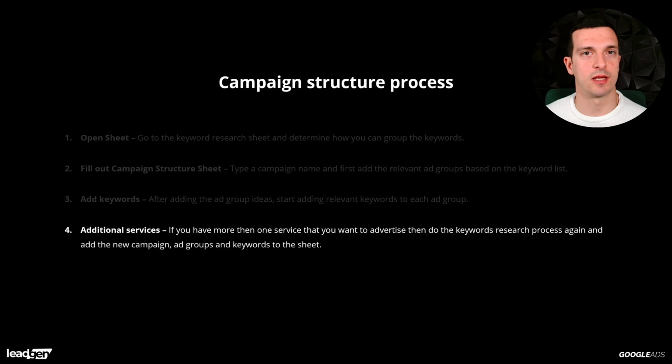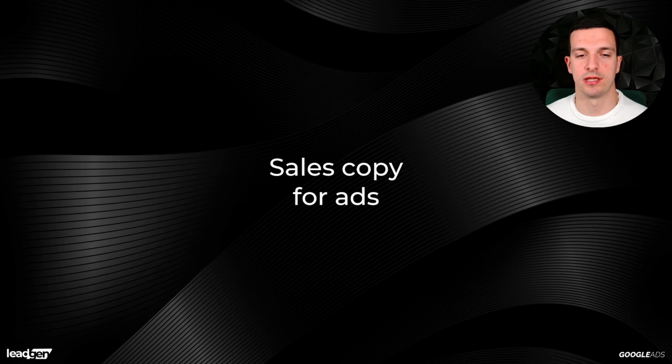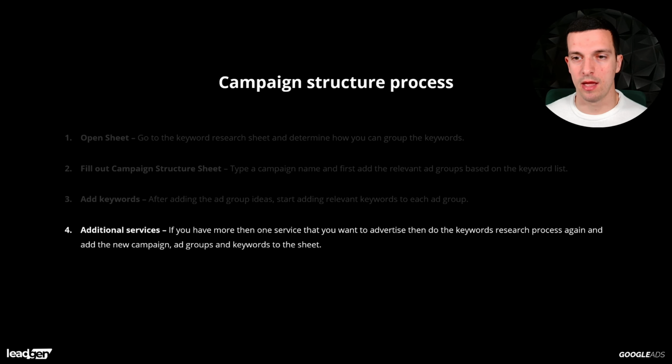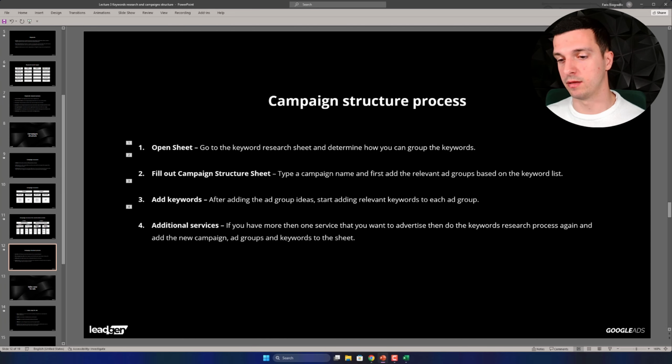But if you have more services like roof repair, roof leaking, or renovation, or completely new roof, these are maybe unique landing pages, then you want just to go to the same process, add the keywords there, and have everything ready. All right, so we're gonna go right now to this process and open up the sheet.